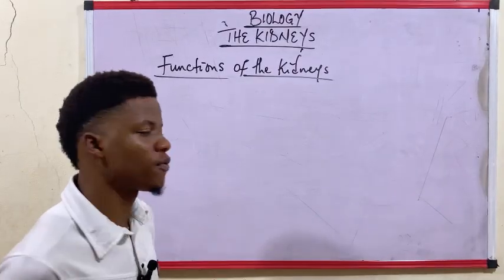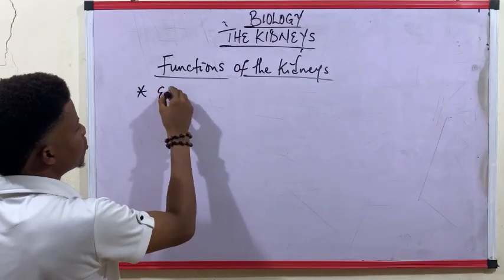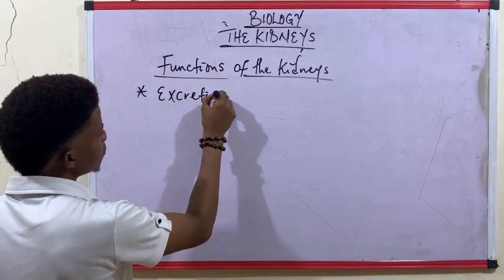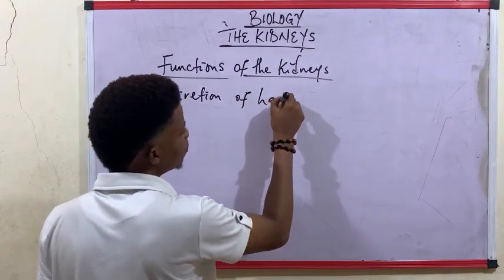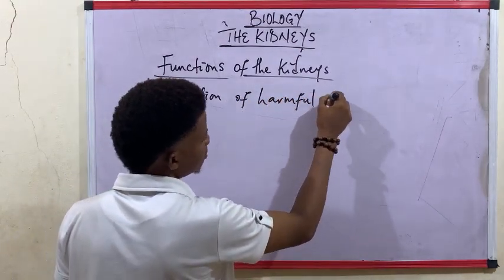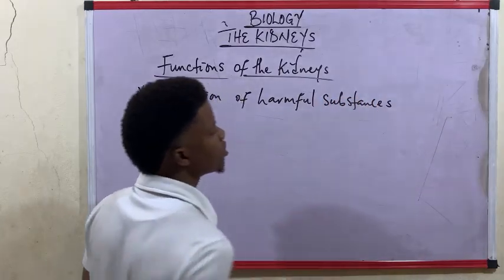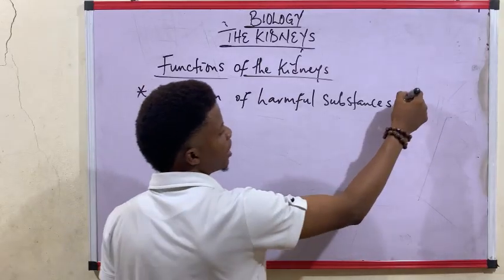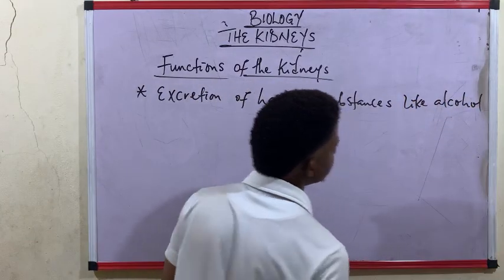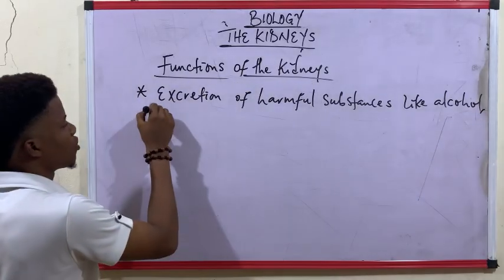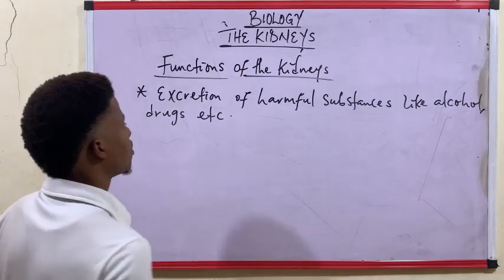One of the primary functions of the kidney, like we already established, is excretion of harmful substances like alcohol, drugs, etc. So this is one of the functions.